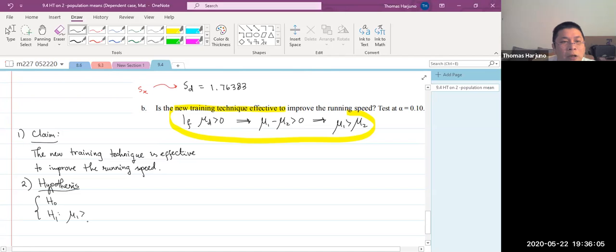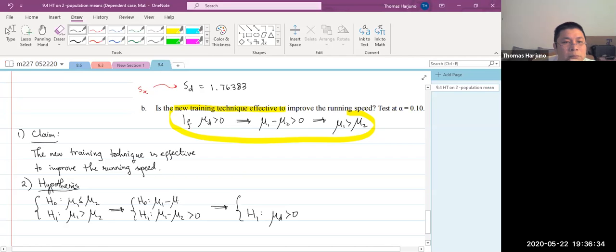Mu1 is greater than mu2, such that the alternate hypothesis is mu1 minus mu2 is greater than 0, such that mu difference is positive. That's the setup.